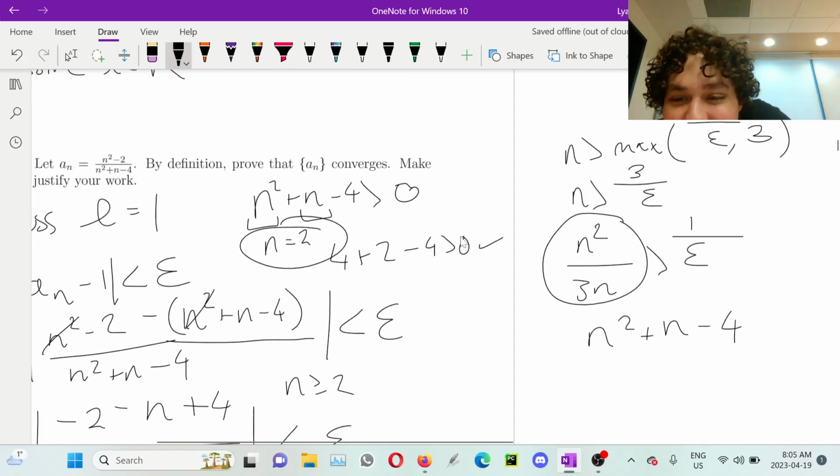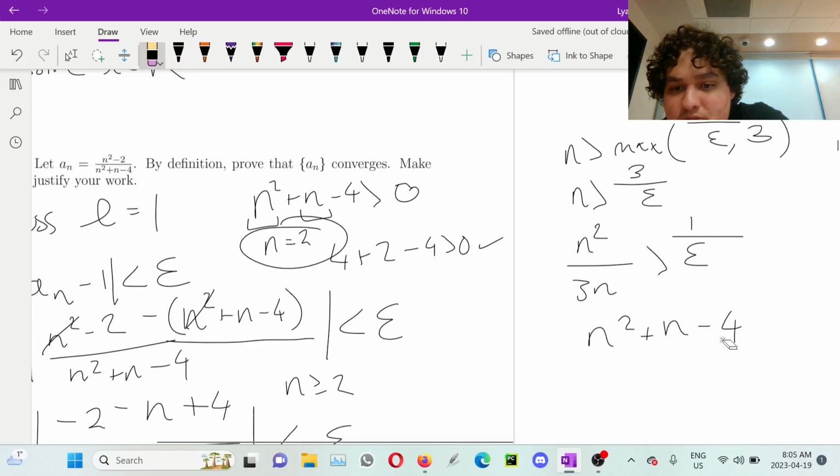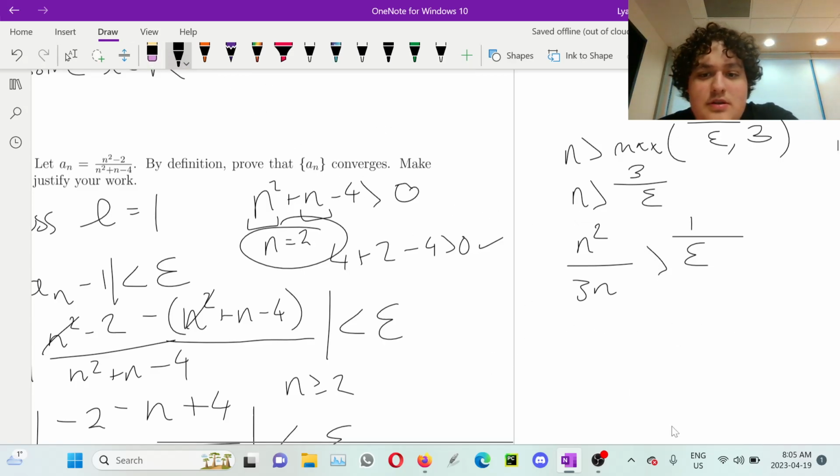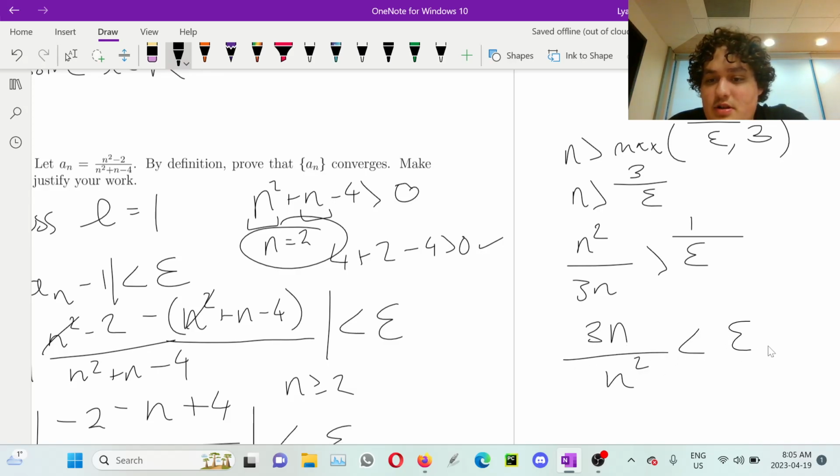Sorry. I guess I should reciprocate. They're both positive. So I have 3n over n squared is less than epsilon.